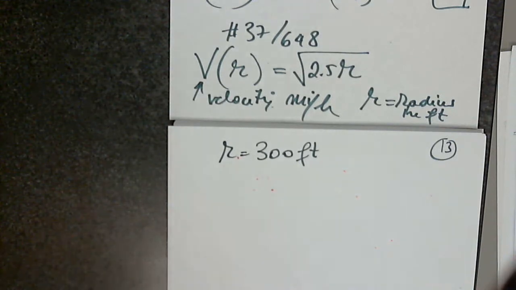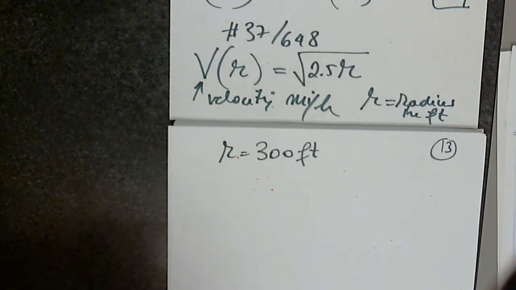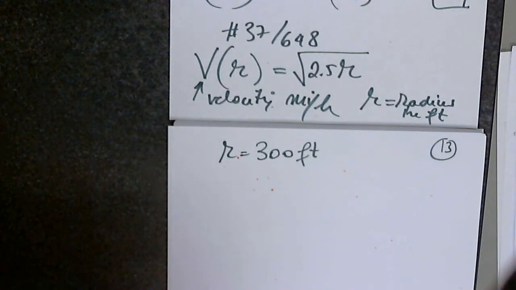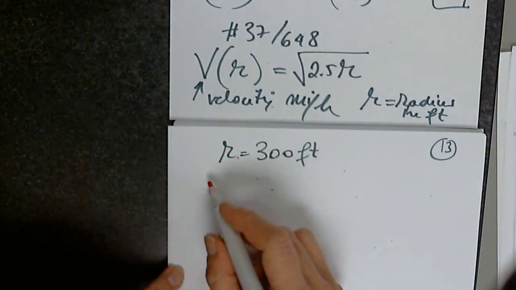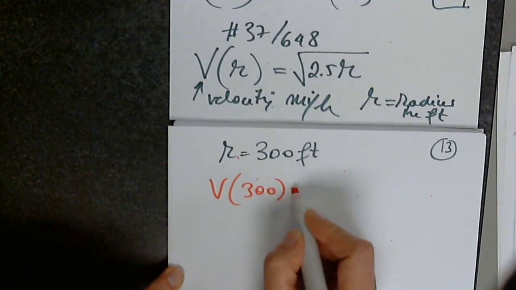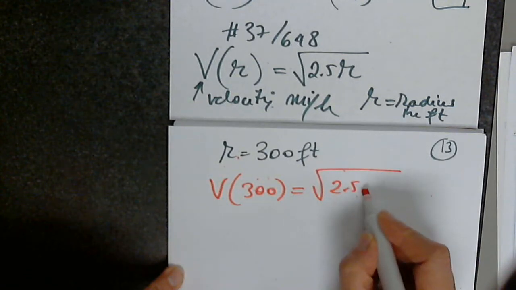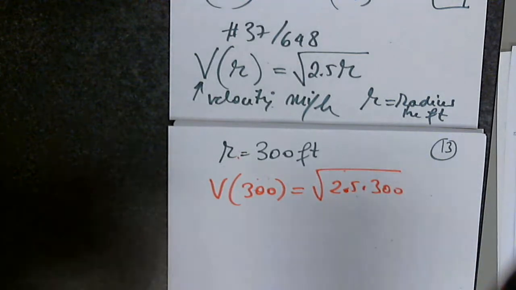What will I have to do? I will have to find v of 300, which is the square root of 2.5 times 300.